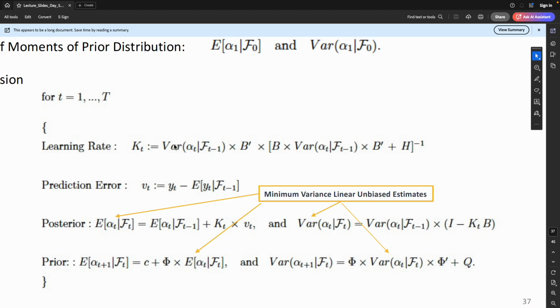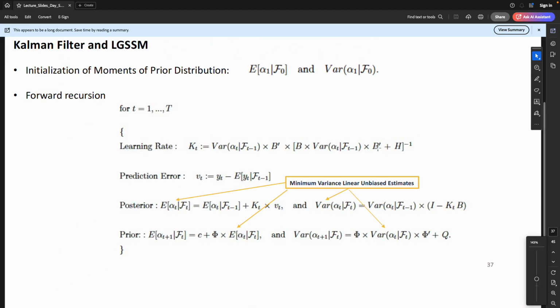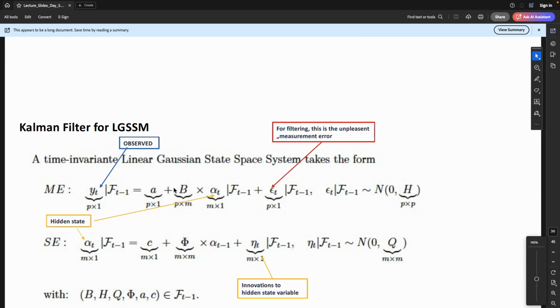And formally the K_t is computed by, which looks like OLS. If you go through the YouTube videos, I make the connection to OLS closer, but here I just provide you with the algorithm. But you see it's a bit like OLS because you will have here a covariance term and here's a variance term. Now what is the variance term? Let's look, it's B times variance alpha, B prime plus H. So what is that? It comes from here.